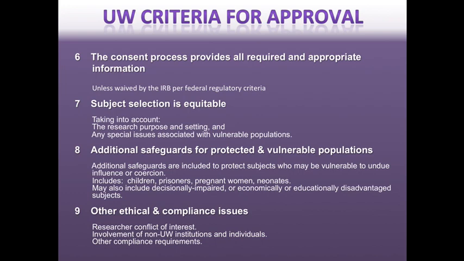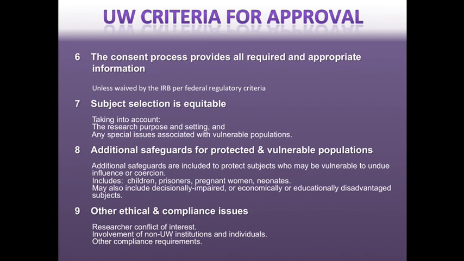They also look at things related to if you have a vulnerable or protected population. For example, children, prisoners, pregnant women, who may be particularly vulnerable to the risks in a study, drugs or other types of things. They look there to see whether or not there's specific safeguards in place that can prevent these harms to those participants.